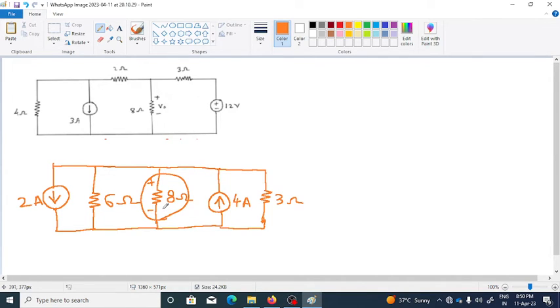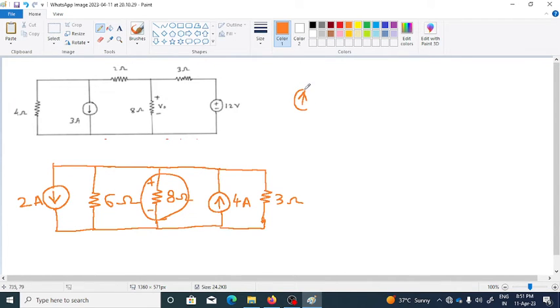So what we are going to do, we are going to convert these two current sources into a single current source. This is a 2 ampere current source with this polarity. This is 4 ampere current source. If we combine them, we'll be getting another current source, and it will have the polarity like this, right?